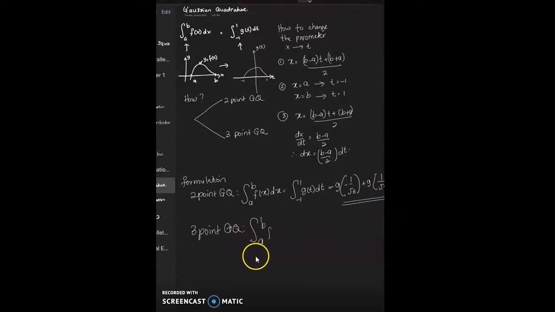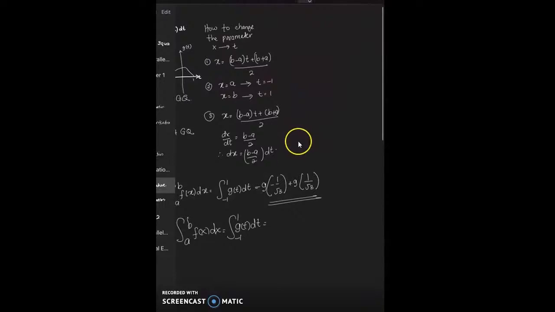For 3-point Gauss quadrature, it comes from three terms: C1 g(t1) plus C2 g(t2) plus C3 g(t3).